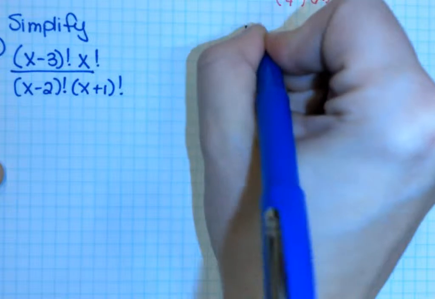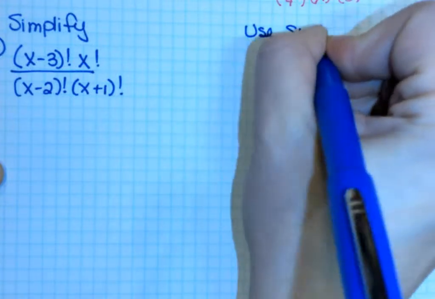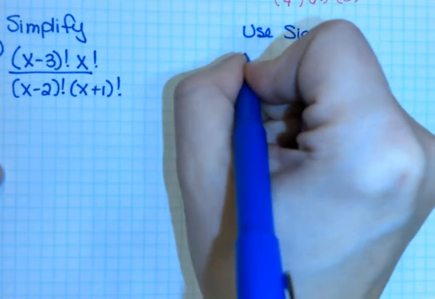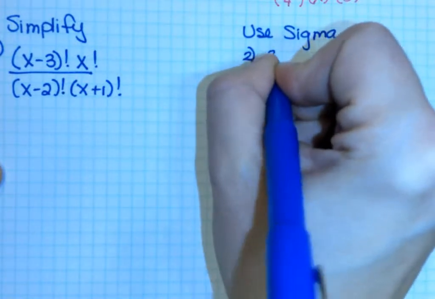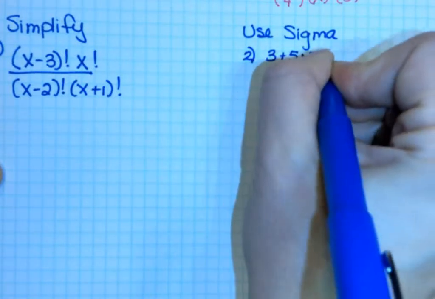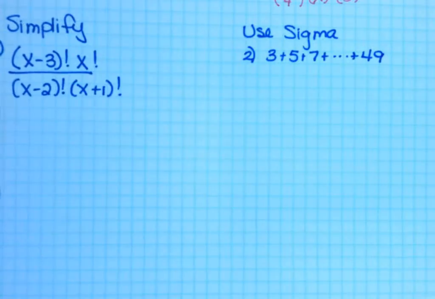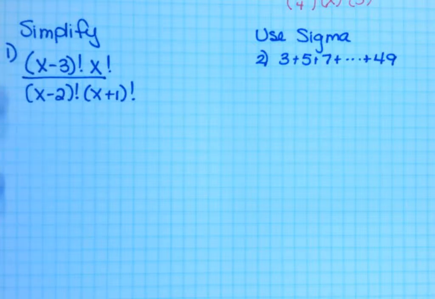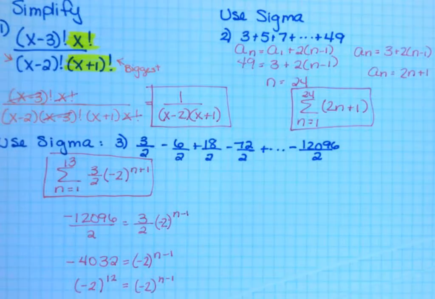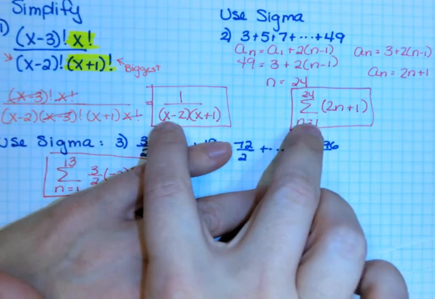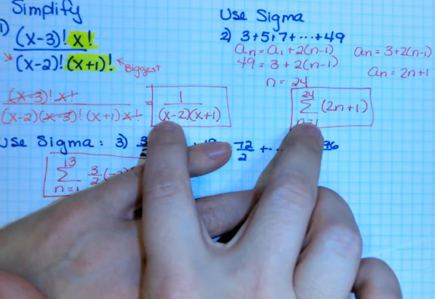And I want you to use sigma notation to do 3 plus 5 plus 7 plus up to 49. With these first two here. Any questions on those two?